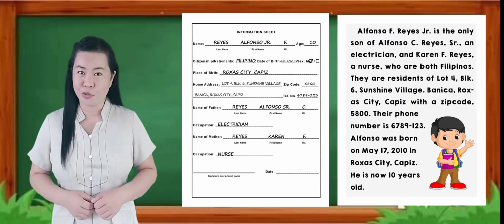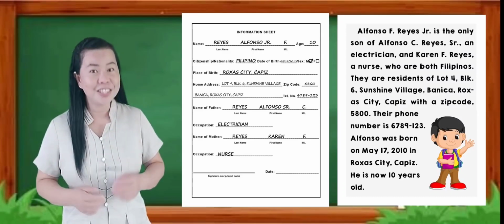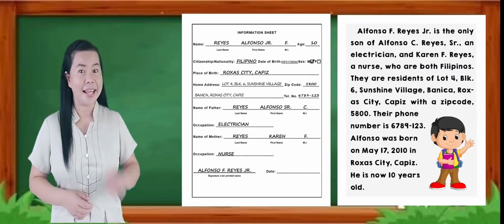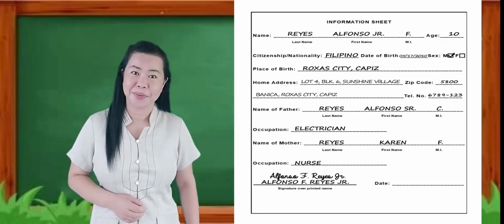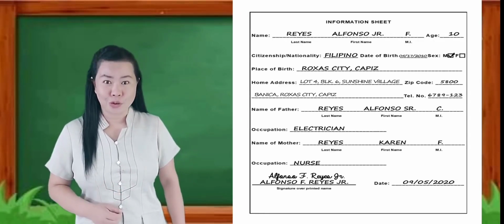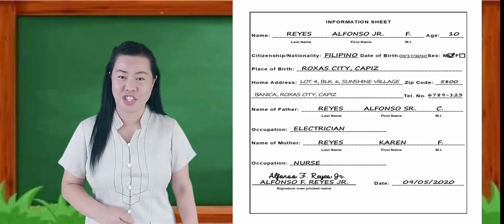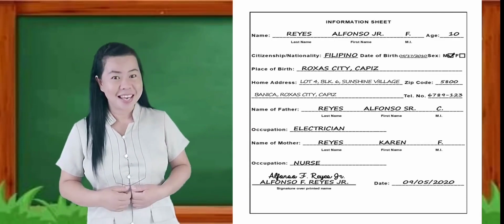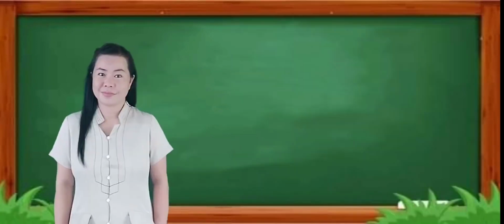For the signature over printed name, the signatory or Alfonso needs to print his full name and signs over it. Look at this example. Lastly, indicate the date when the form was signed. And this is how an accomplished information sheet looks like. Neat, filled out correctly, and accurately.